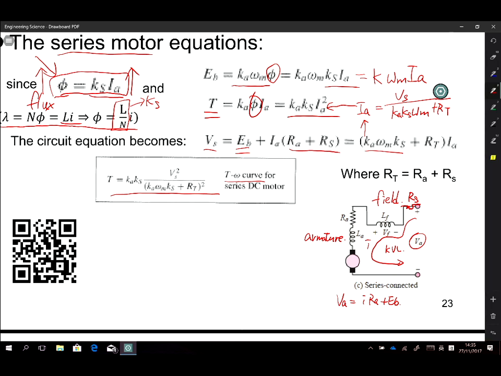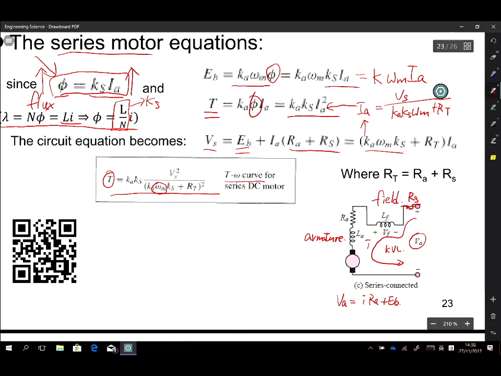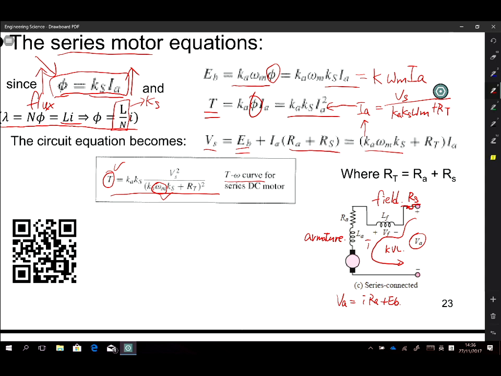This formula tells you the torque and angular velocity relationship for the series motor, where T equals Ka Ks Vs squared over (Ka Ks omega M plus RT) squared. Therefore, in your mechanical design, you may make use of this formula.